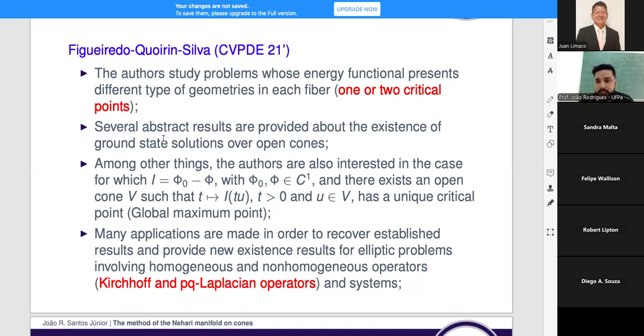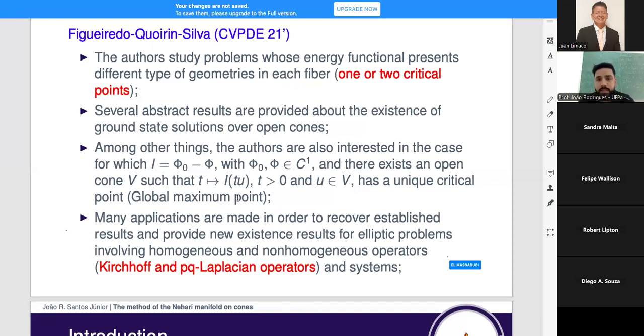More specifically, the authors are interested in studying this type of functional given by the difference between two C1 functionals, and at some moments the authors investigated what is happening if, for all u belonging to some open cone V in the space, you have only one global maximum point.